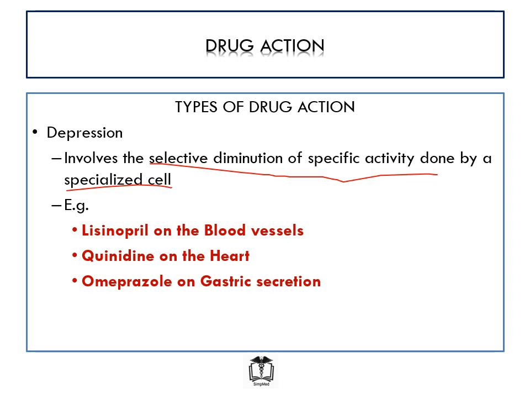Examples would be drugs like lisinopril, quinidine, and omeprazole. Lisinopril, for example, works on the specialized tissue of the blood vessels. Quinidine would work on the specialized tissue of the heart, and omeprazole will work on the specialized tissue of the gastric glands. The function of each of these drugs would be to reduce the functions of different organs on which they act.